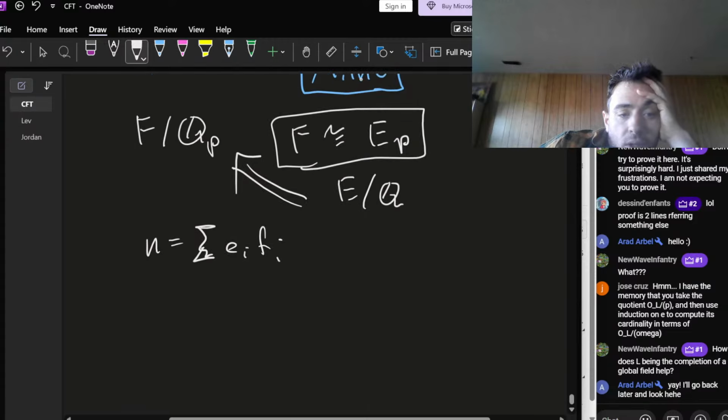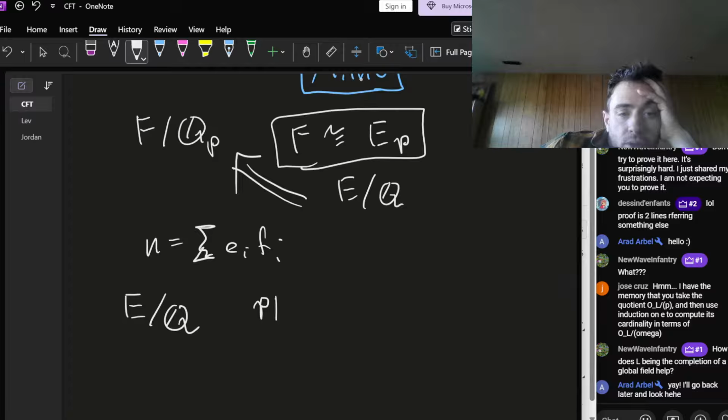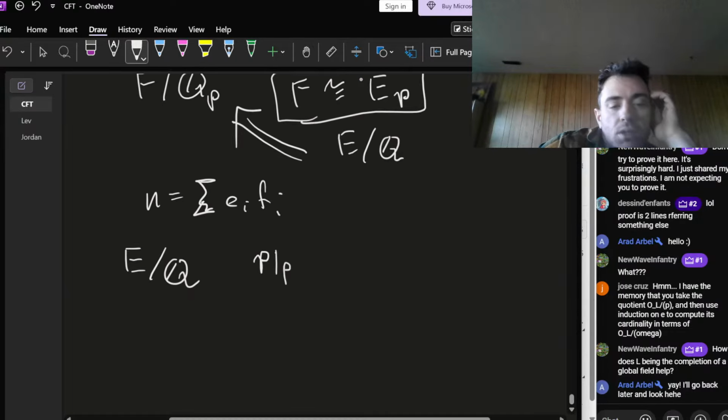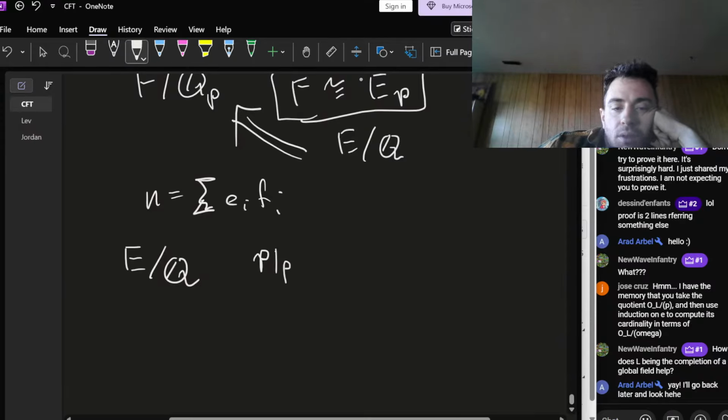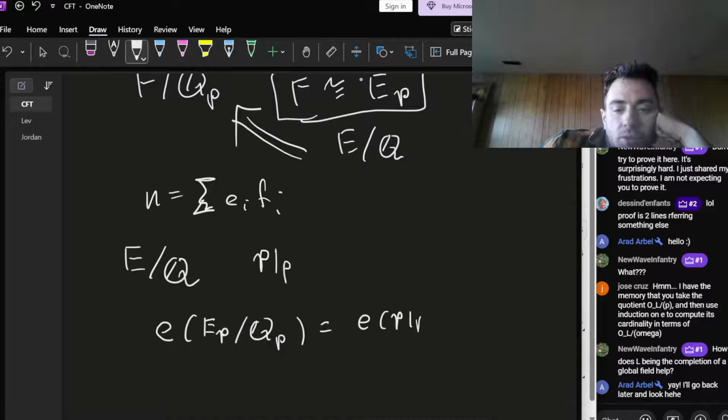And so if you take E over Q, let's say P lies over p, then the e of the extension of this completion should just be e of this prime over this prime, and same thing with f.